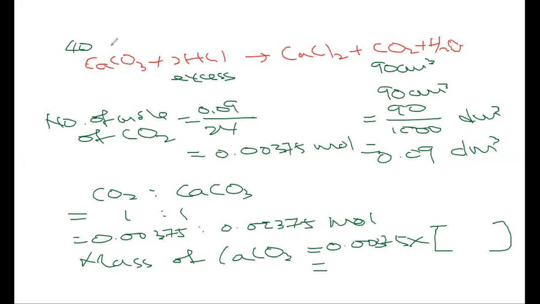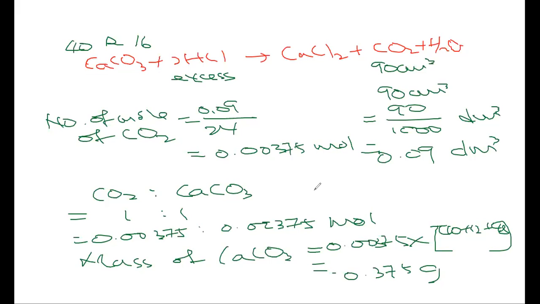Calcium 40, carbon 12, oxygen, how much? 16. So altogether, you have 40 plus 12 plus 48. You are getting 100. So you multiply this by 100, and you are actually getting how many? 0.375 gram. Okay, now this is our long method if it comes out in your paper 2.